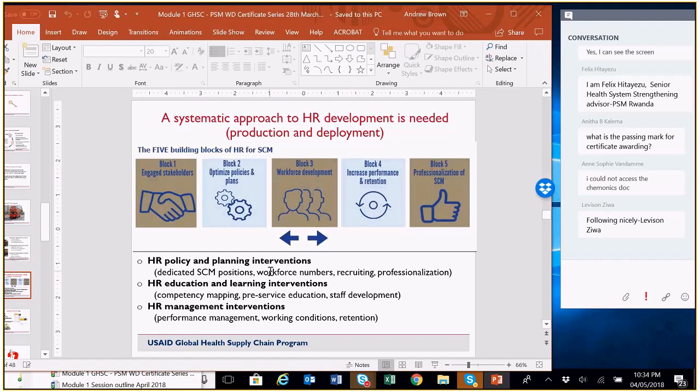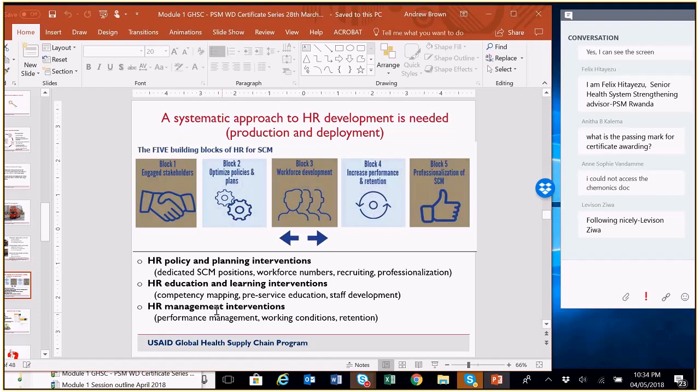Then in these modules, next week, we're going to talk about policy and planning interventions. Then after that, we're going to talk about education and learning interventions and management interventions. So it's a couple of different ways to think about the same sorts of aspects of human resources. But the big takeaway message is, where's the word training on this page?